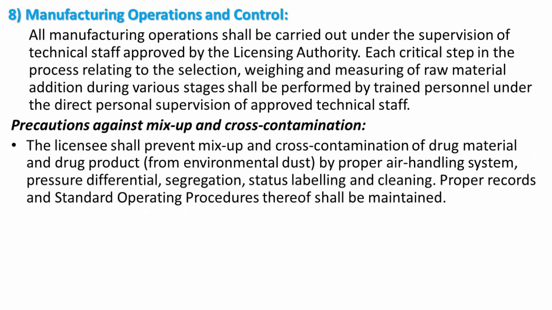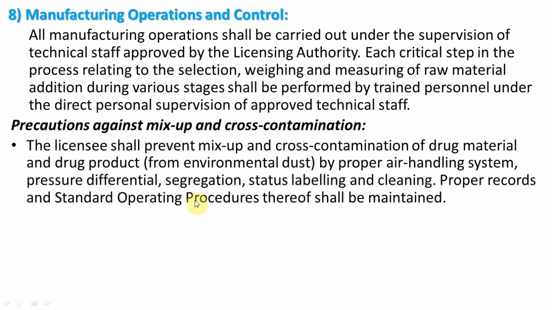Then next is eighth, that is manufacturing operations and control. All manufacturing operations shall be carried out under the supervision of technical staff, which is approved by the licensing authority. Precautions against mix-up and cross-contamination. The licensee shall prevent mix-up and cross-contamination of drug material and drug product by proper air handling system, pressure differential, segregation, status labeling and cleaning.